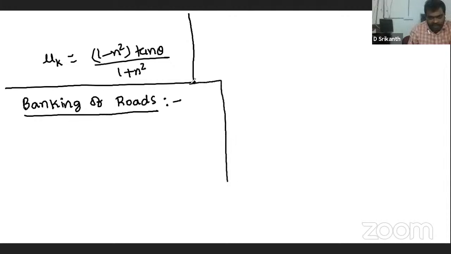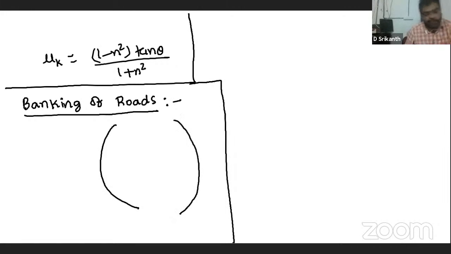The main aim of this topic is whenever an object or a particle is moving in a curved path, either it may be in the shape of a convex shape or a concave shape. This shape we can call concave, and this shape we can call convex.